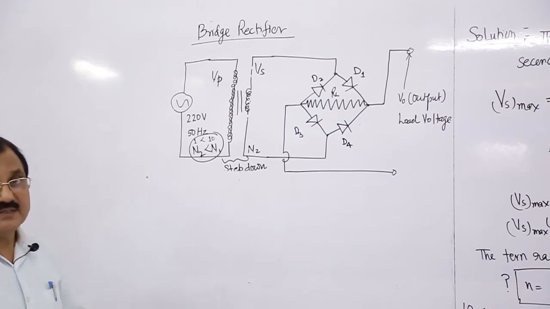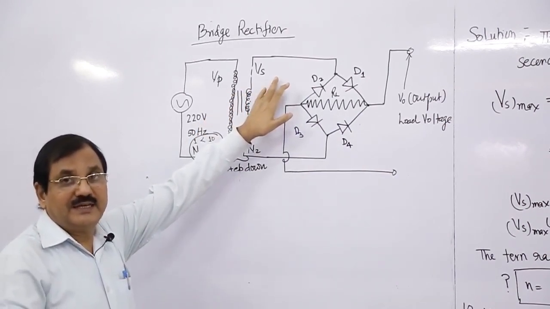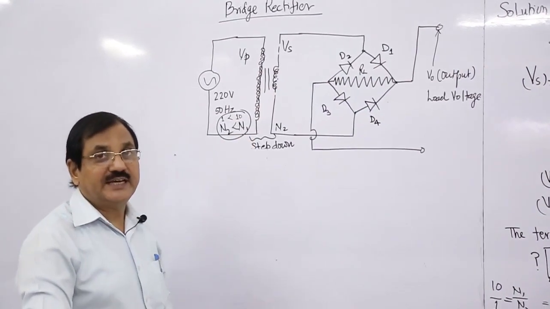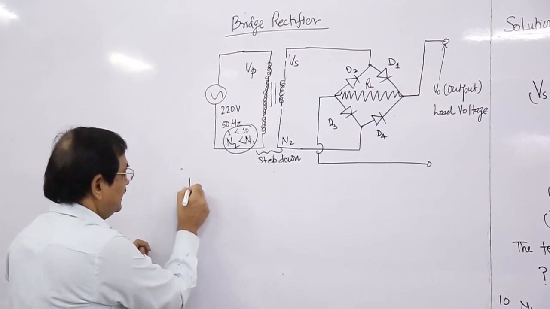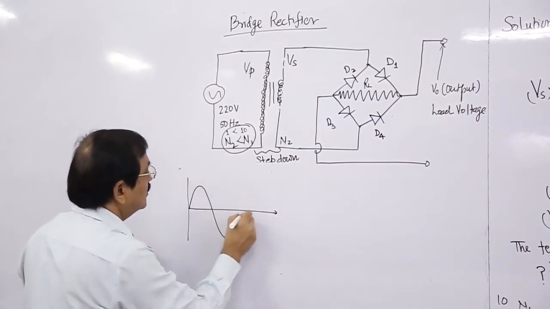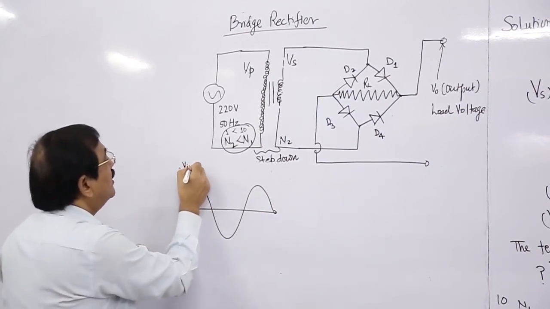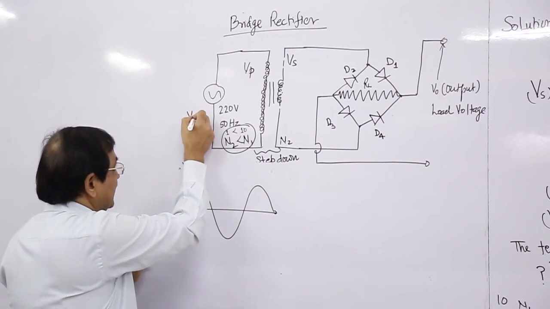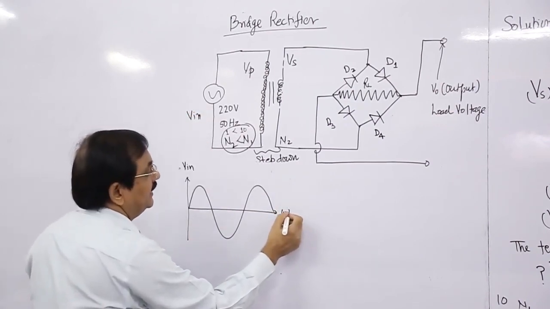So this one is a diagram of 4 diodes. By the help of 4 diodes, we can transfer the input voltage. This is VIN voltage. Here it is the omega t.